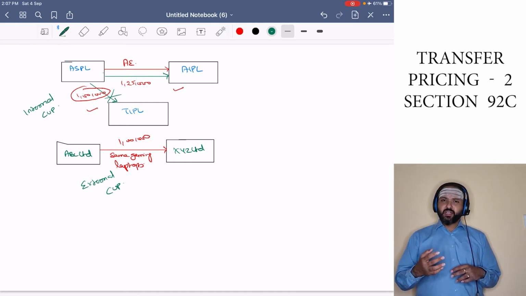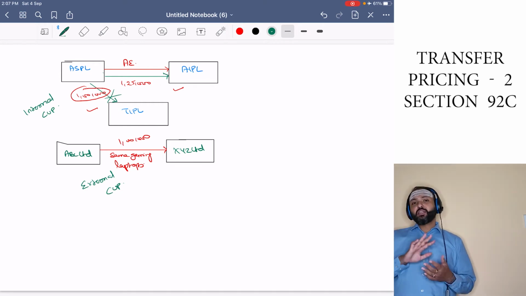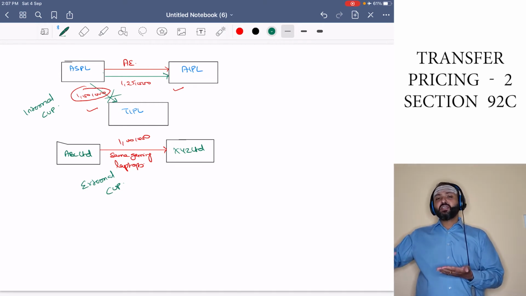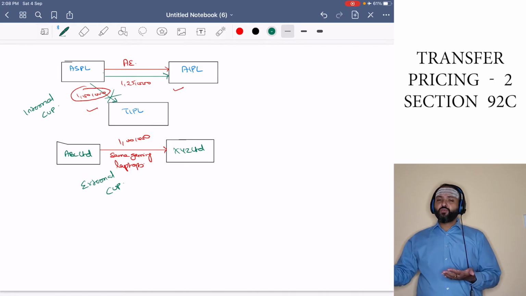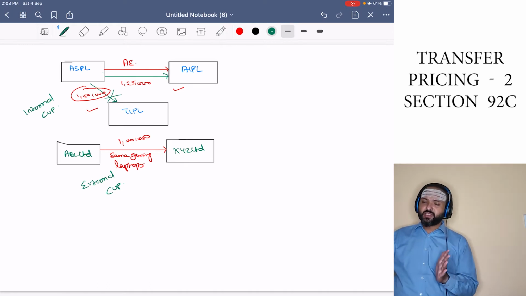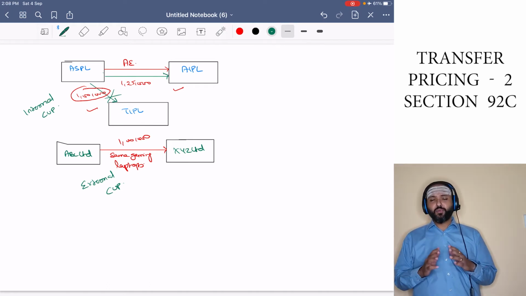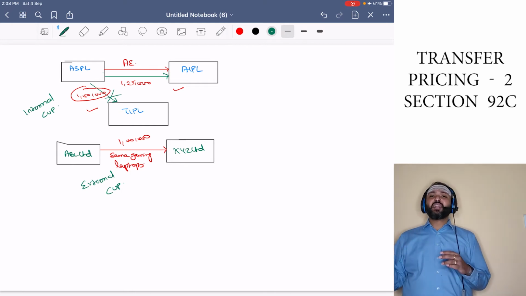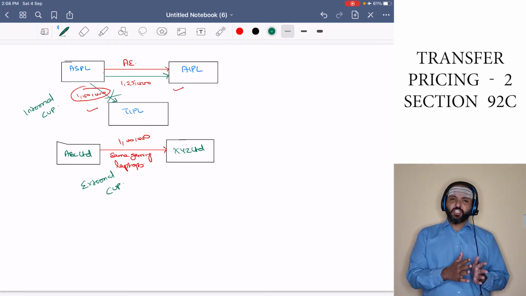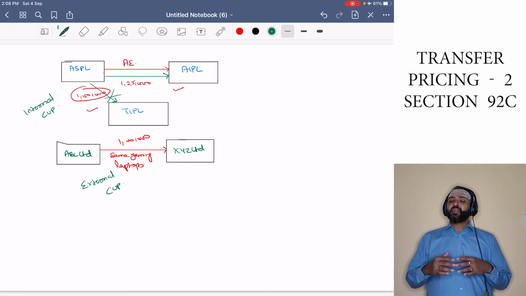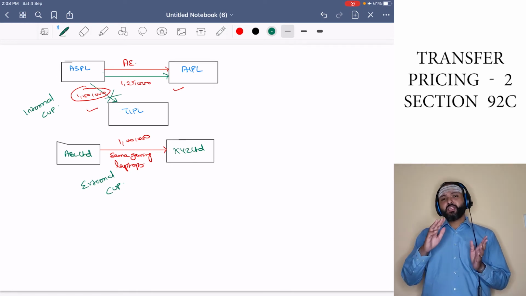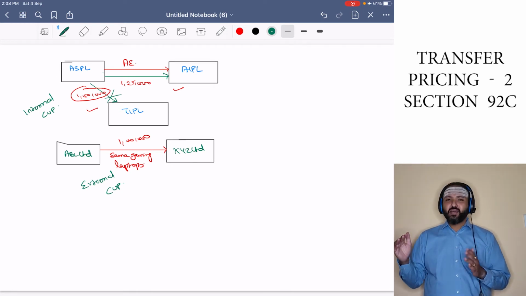Suppose there is a purchase transaction, you will have to see the entities which are of the same size, which have the same amount of risk involved, which perform the same functions, which have the same assets employed, etc., which is called FAR analysis, or the same functions performed, assets employed, and risks assumed analysis. Based on that, you will find out comparable companies.